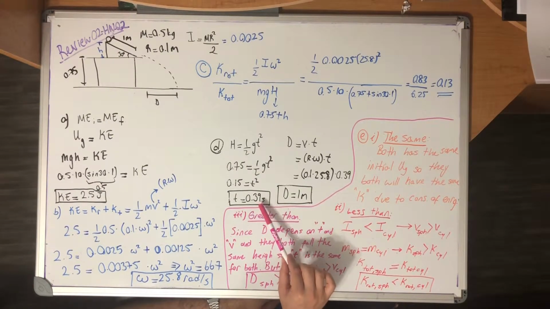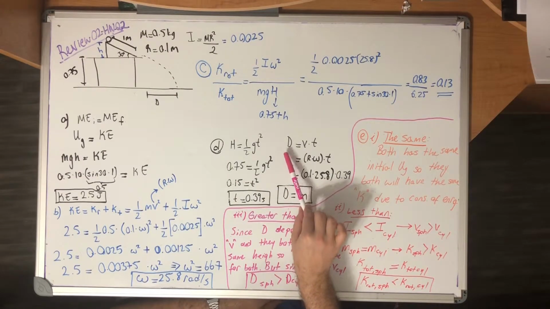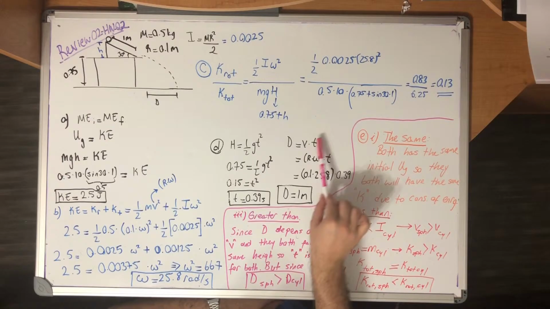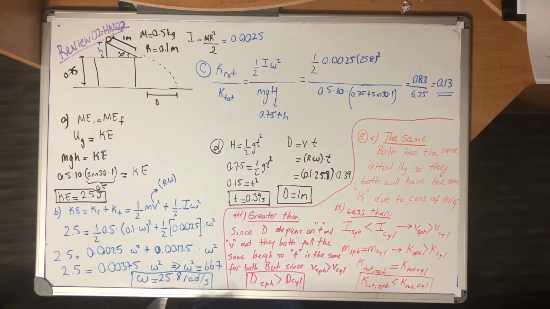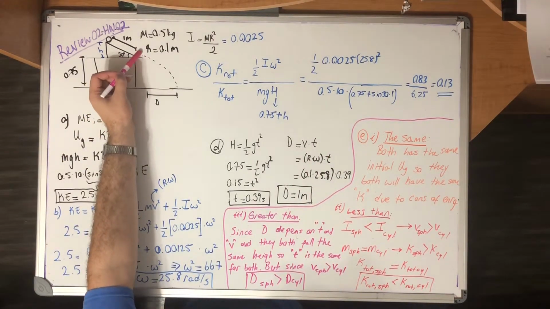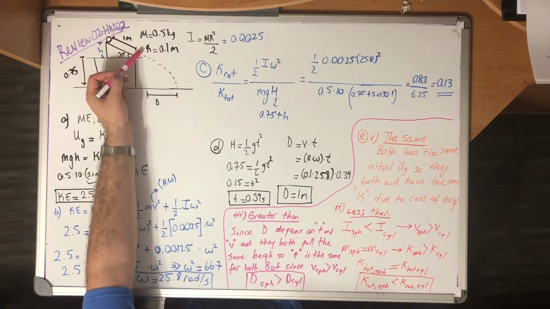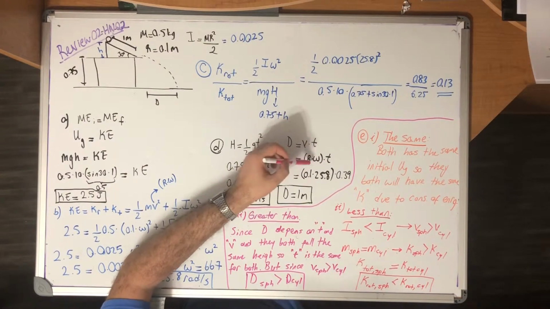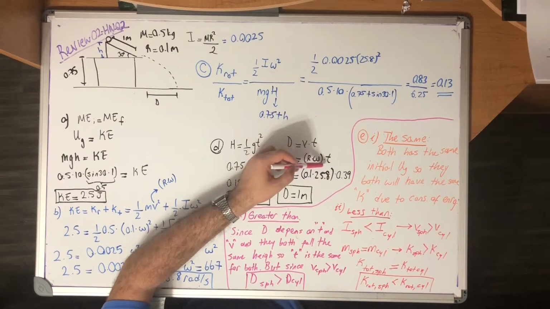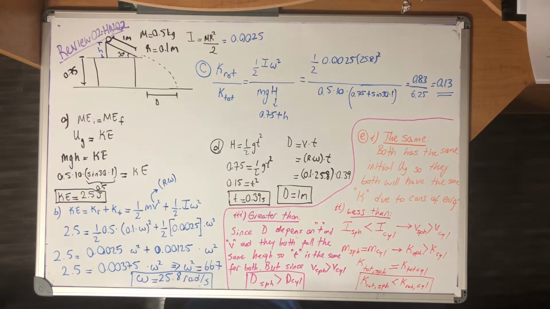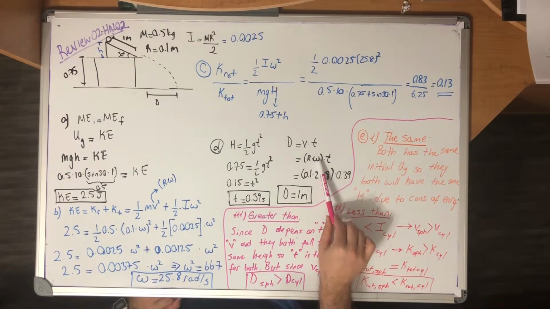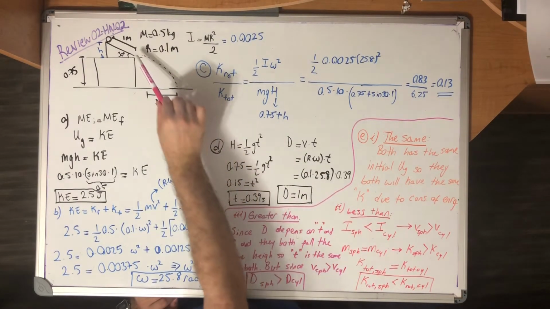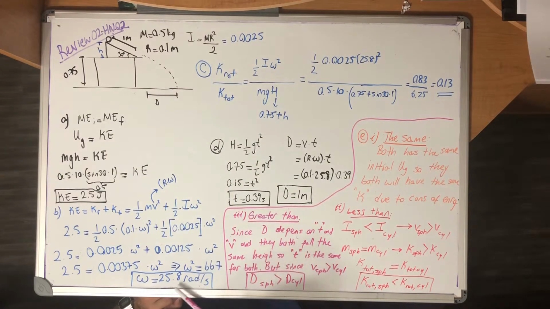And after this, to be able to find the distance d, we know that it's horizontal velocity times time. And my horizontal velocity at this point is basically my angular velocity times r at that point. And we calculated this omega at the bottom at this point as 25.8.